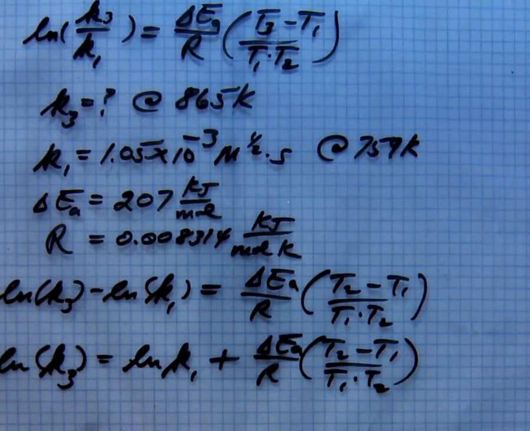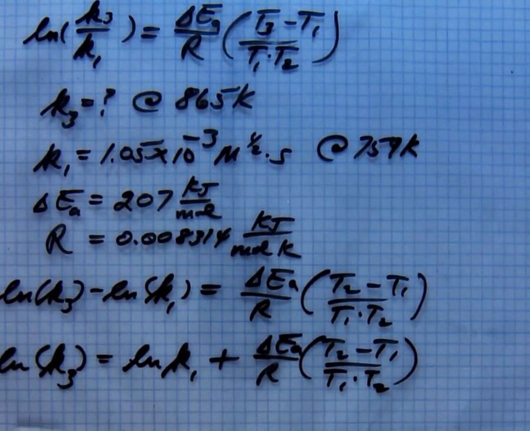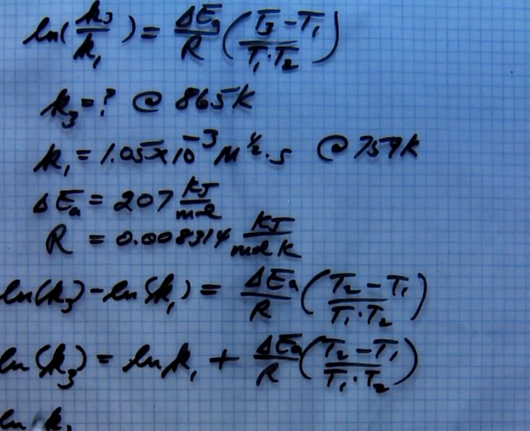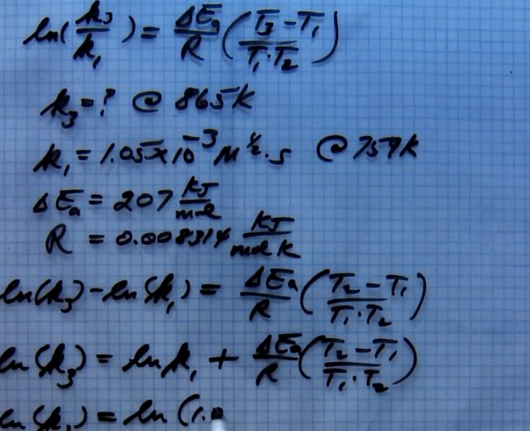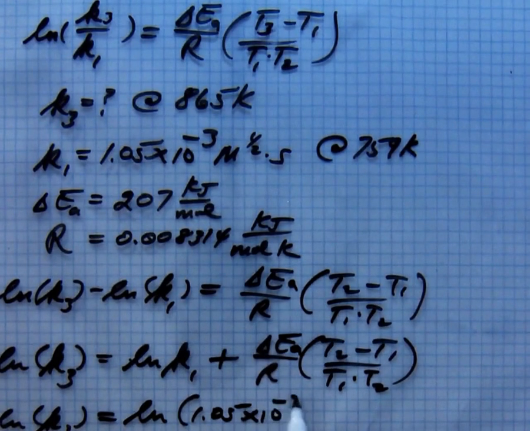Now, keeping this as simple as possible, we have ln K3 to equal ln of K1, 1.05 times 10 to the minus 3.